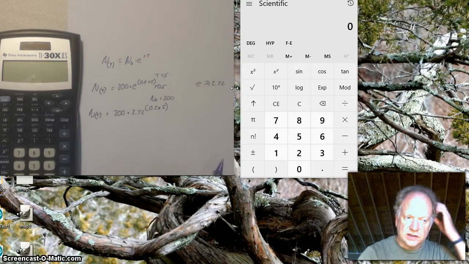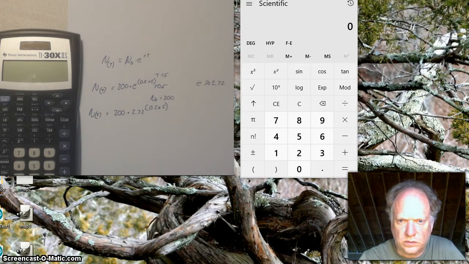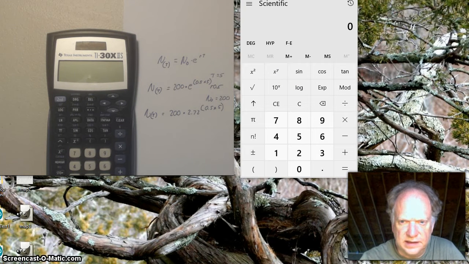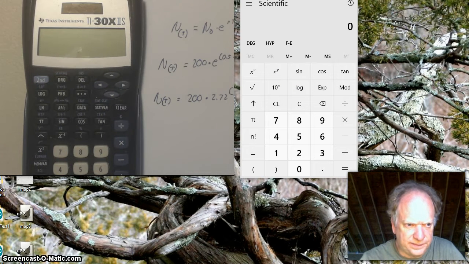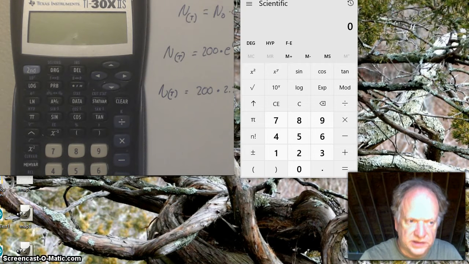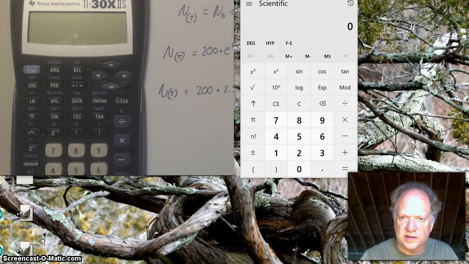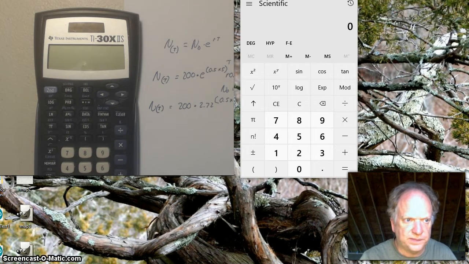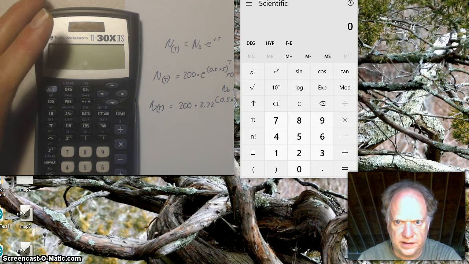On my calculator, let me move this over, and I'm going to zoom in a little bit. I should zoom out one so you can actually see all the keystrokes.